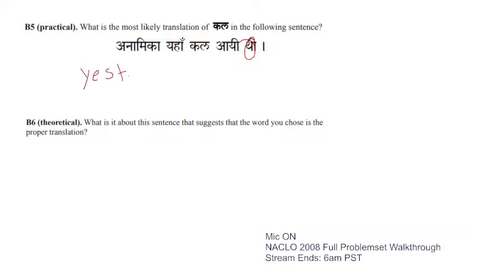And of course I could be wrong, so we'll go over the answers. I just want to make sure that we have enough time to go over the answers in this stream today. So yesterday, what is it about the sentence that suggests that the word you chose is a proper translation? Well, we have a past tense indicator.